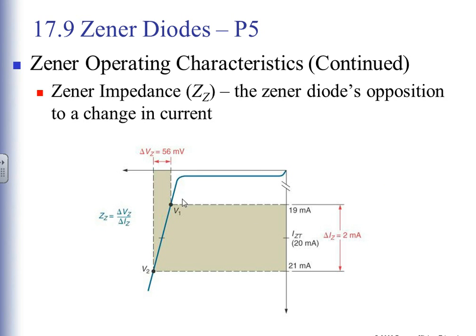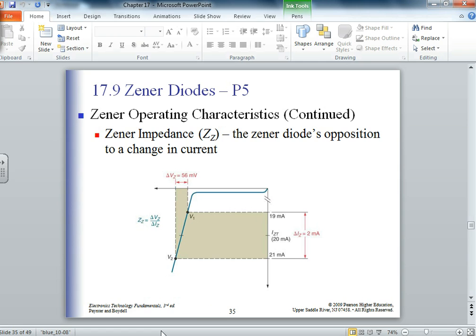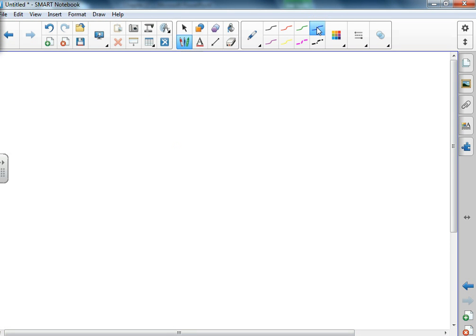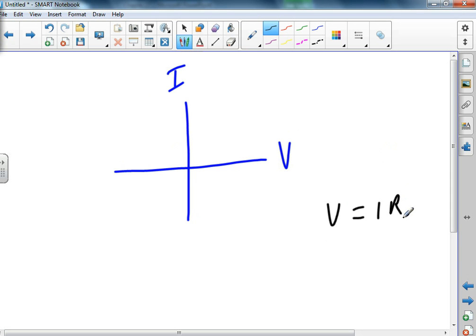So, Zener impedance. If I think about a curve that's current versus voltage, and then I think about Ohm's law, V is equal to IR. And then I rewrite Ohm's law and say I is equal to 1 over R times V. And then I go back and rethink, and I think that this is the x-axis and this is the y-axis.